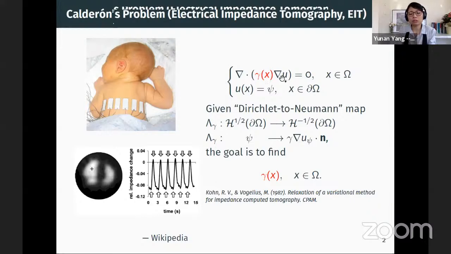We are not interested in solving for u, but really use some observable information from the boundary to try to reconstruct gamma of x. For that problem, there is a lot of study on the existence, uniqueness, and well-posedness.